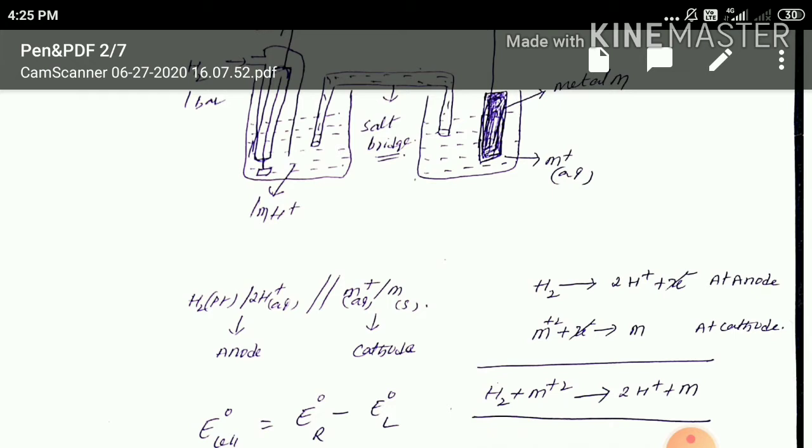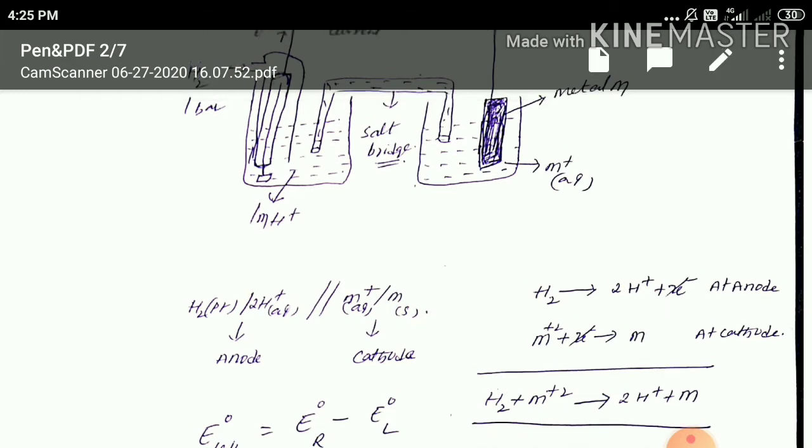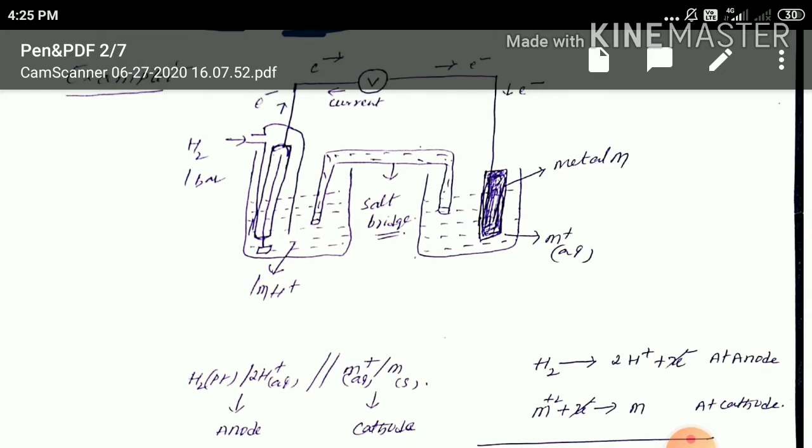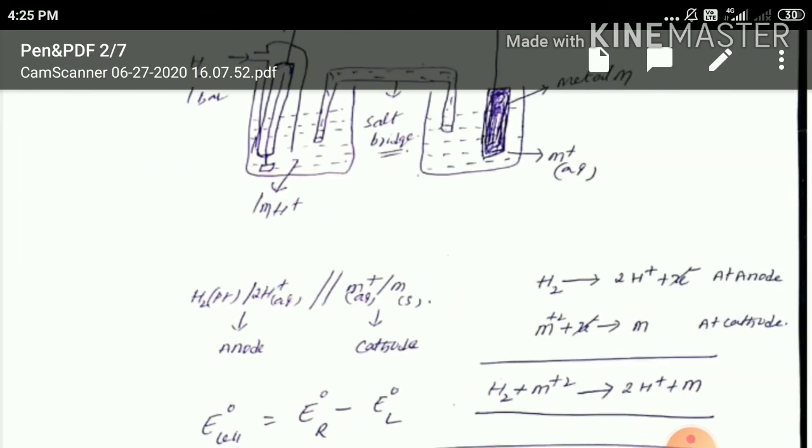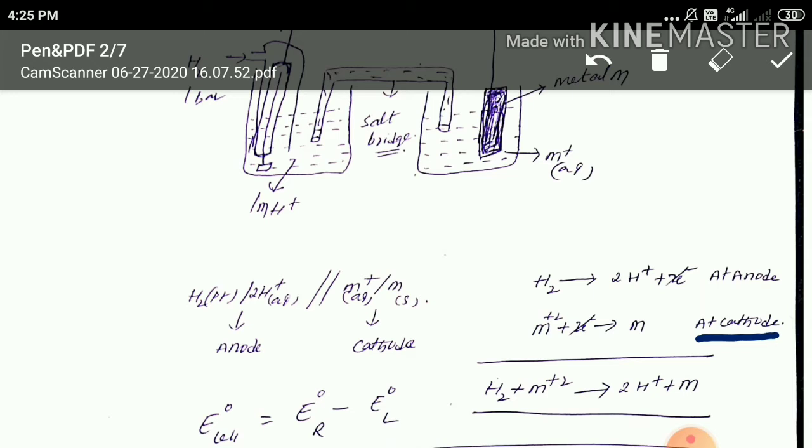At the anode the hydrogen loses 2 electrons and is converted into 2H plus ions, and the metal ion gains 2 electrons and is converted into metal. It occurs at the cathode. And the hydrogen reaction occurs at the anode.